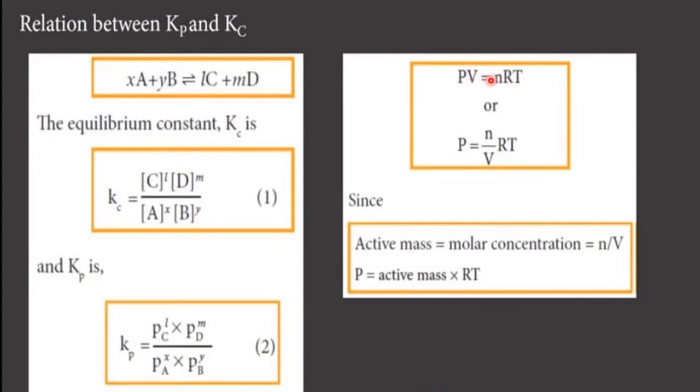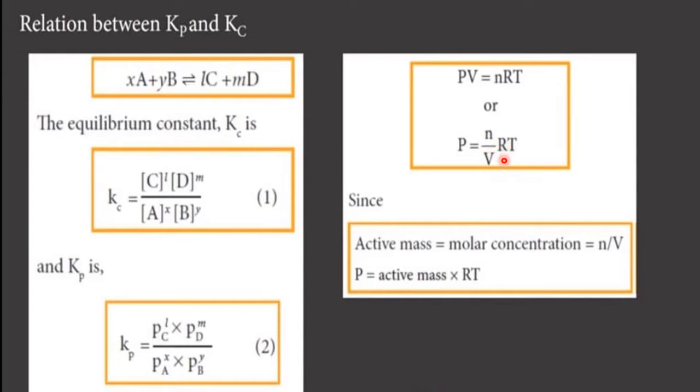Then you already know the ideal gas equation, which you studied in the gaseous state. PV is equal to nRT. You derived this equation also; that is a 3 mark question. From this, the pressure or partial pressure P can be calculated as n by V into RT.